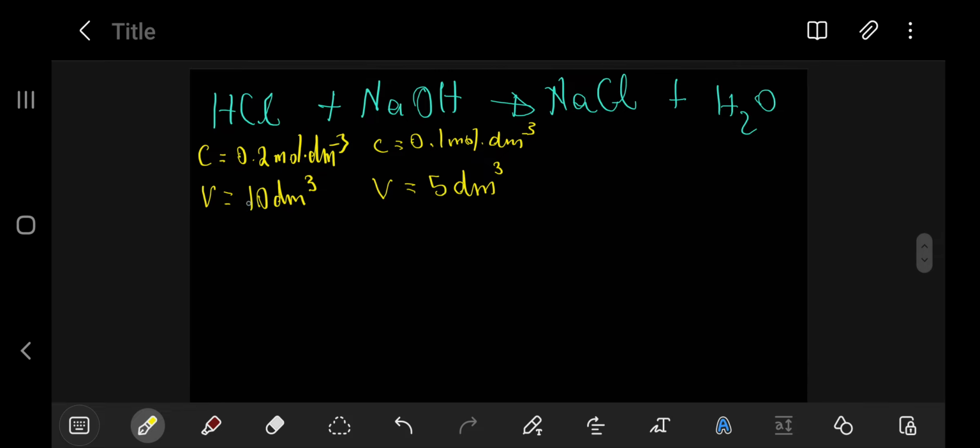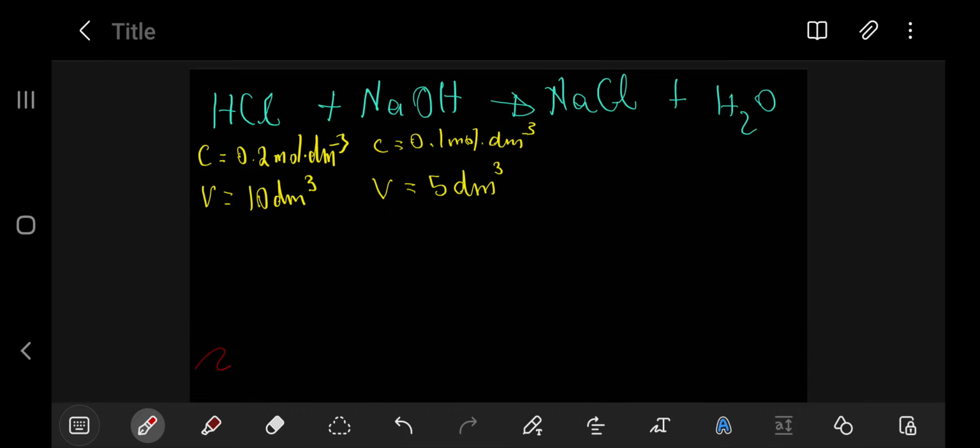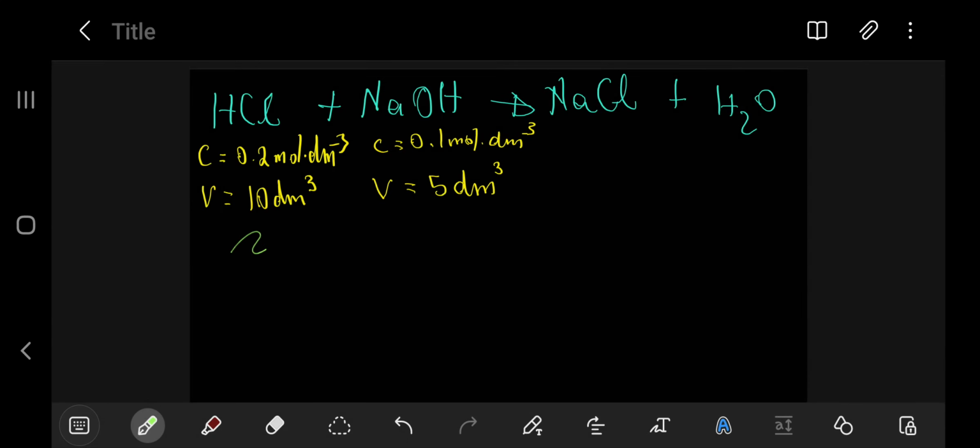So how do we determine the limiting reagent? We first calculate the number of moles of the acid, right? And the number of moles of the base. So how can we calculate the number of moles of the acid? Concentration formula, C is equal to n over V, right? Remember, we are calculating the number of moles of the acid.